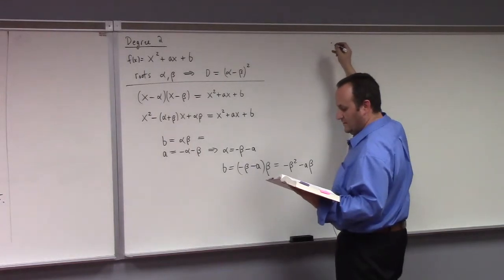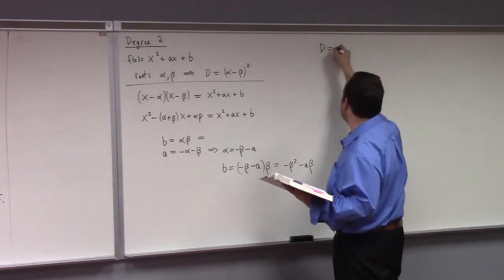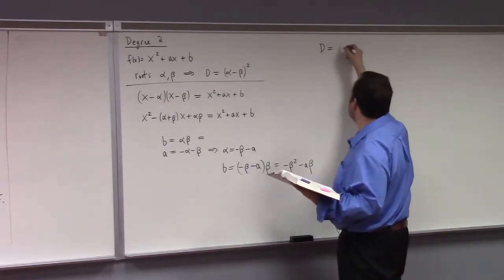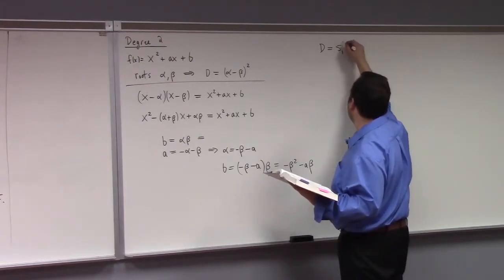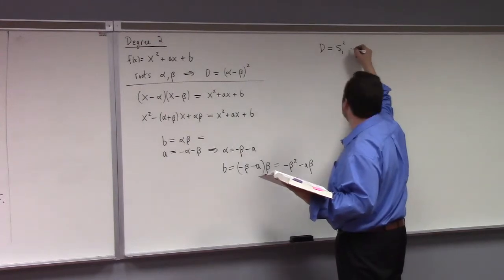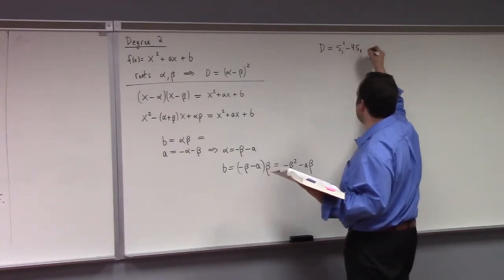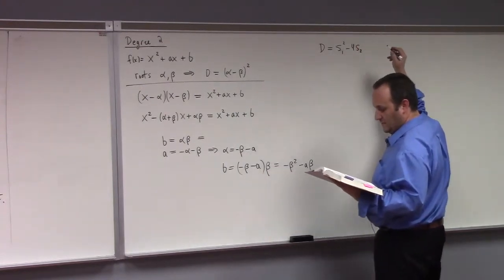So he says that you can prove that the discriminant is equal to the first symmetric function squared minus 4 times the second symmetric function.